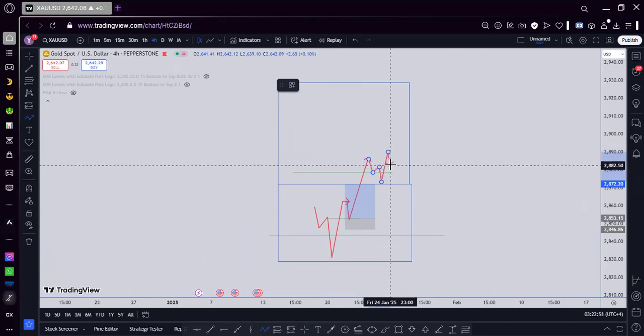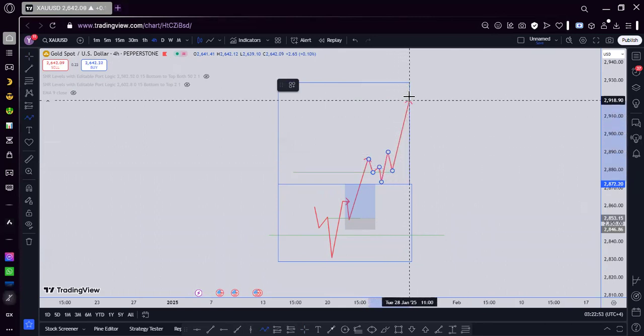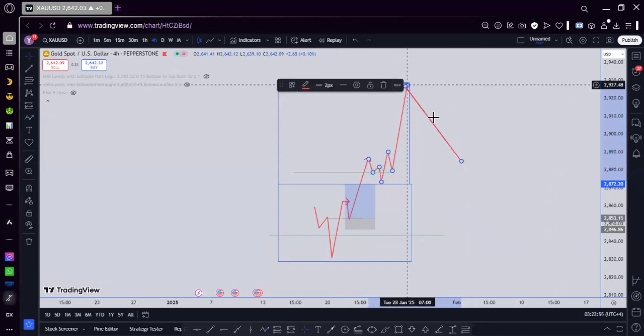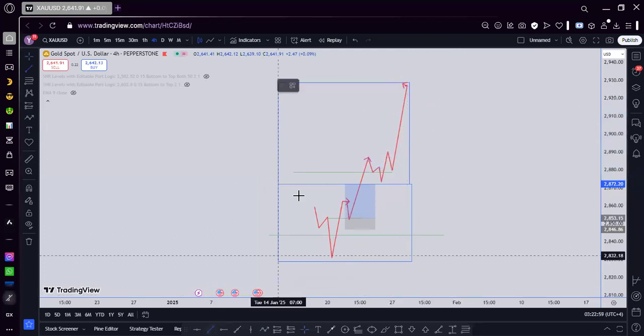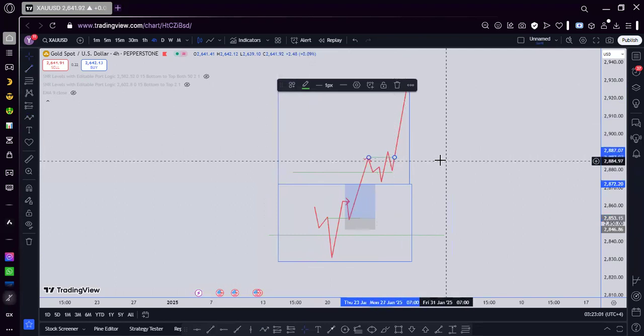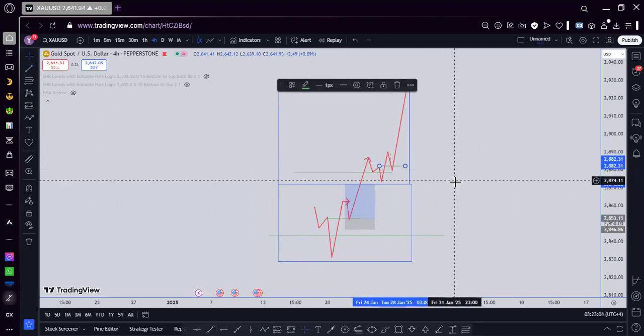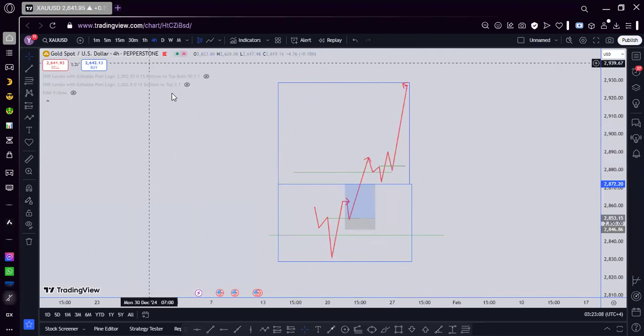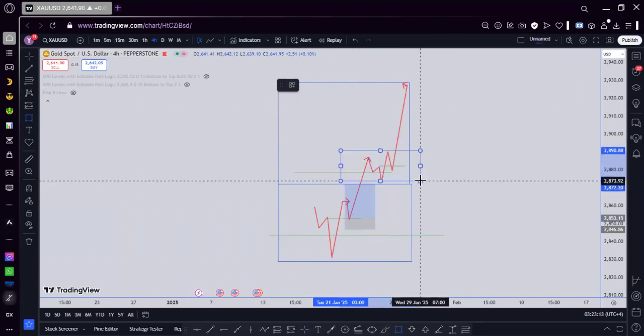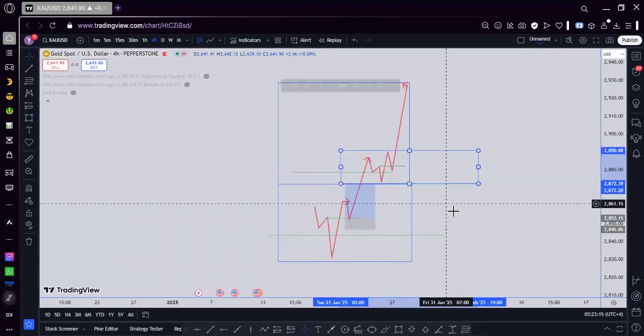So after you found your bullish breakout, easily you can take this move, and take your setup based on the mini storylines of the 30-minute and the 15-minute time frame. So this will be the first part of it.